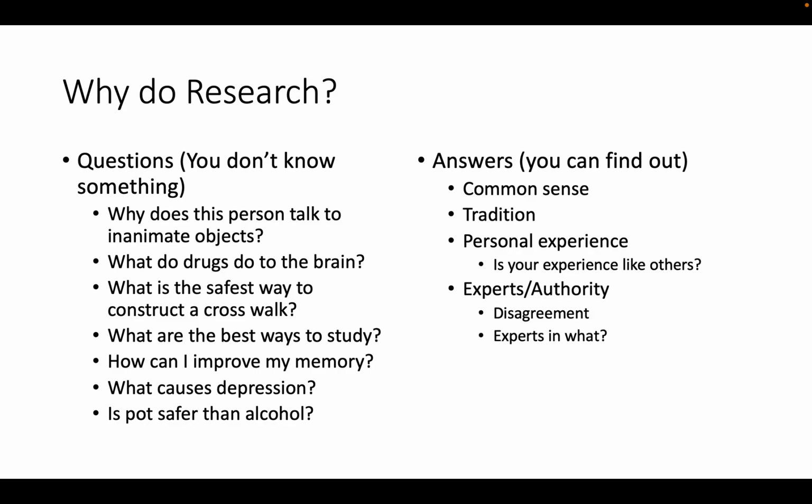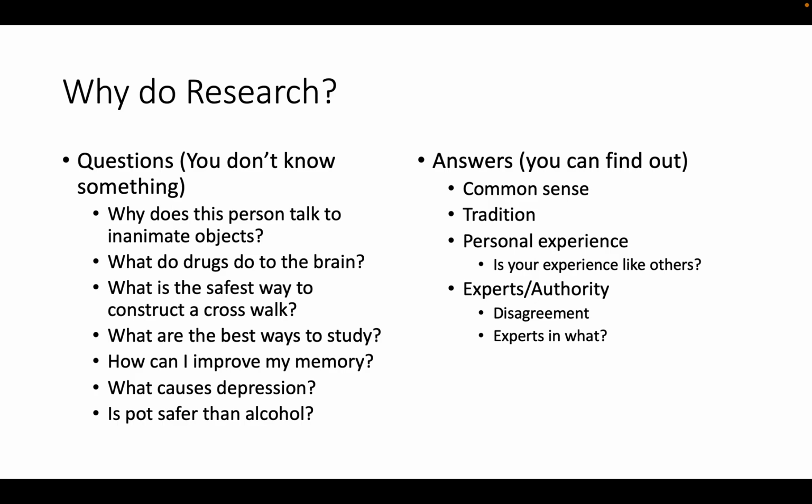Often we ask experts or authority figures about questions. We might go to a doctor, we might go to a scientist, we might go to an expert in the field, right? That's an easy way to answer a question oftentimes. But the problem is that there's a lot of questions for which there's a lot of disagreement. Experts in drug abuse tend to fall on one side regarding whether pot is safer than alcohol or not. But there are exceptions, and there are points on both sides.